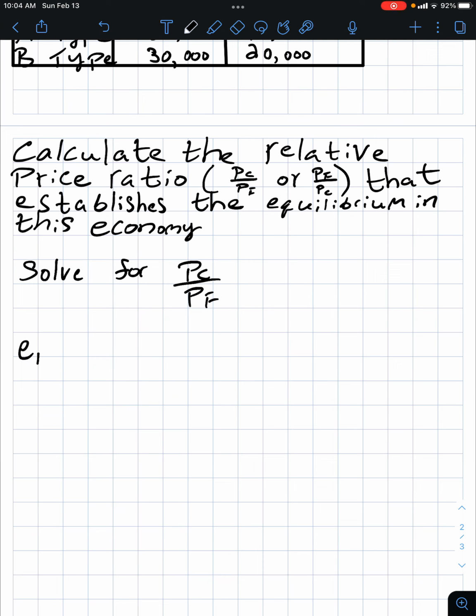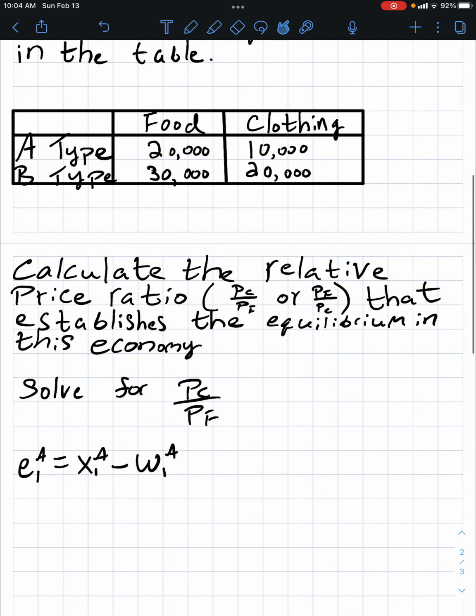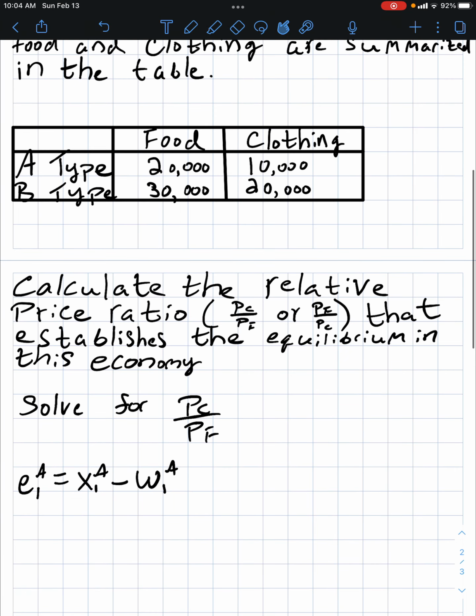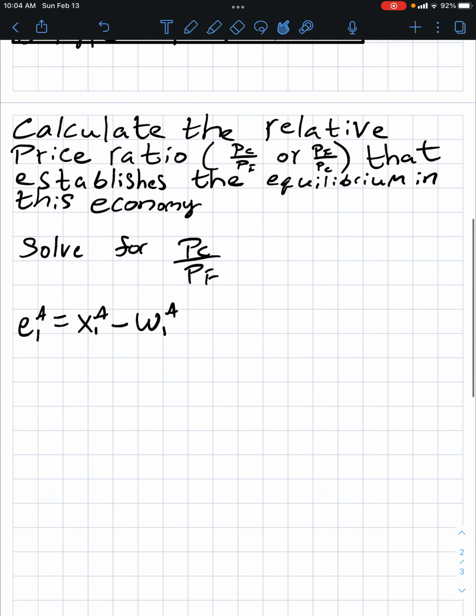Well, we'll need to realize that E_1^A, the excess demand 1 of A, is going to be equal to X_1^A, our aggregate demand, minus our endowment for that. So, for example, E_1^A equals X_1^A minus W_1^A.